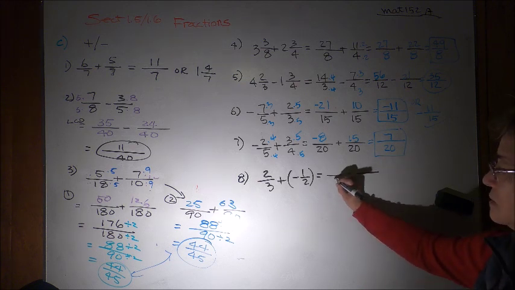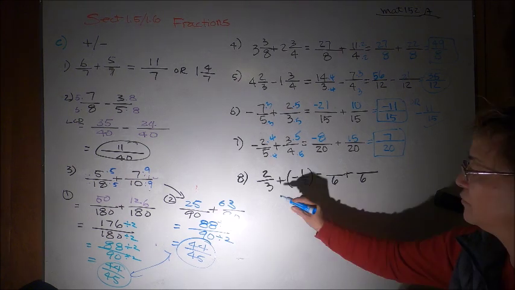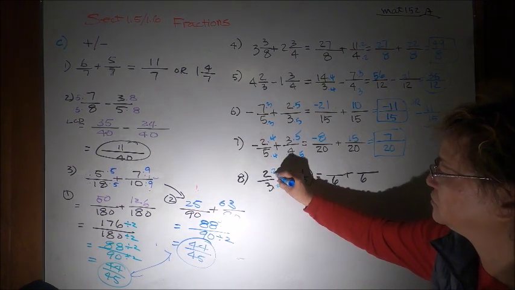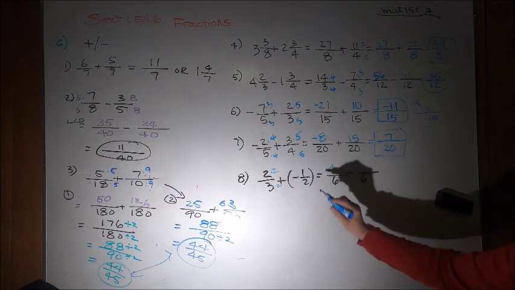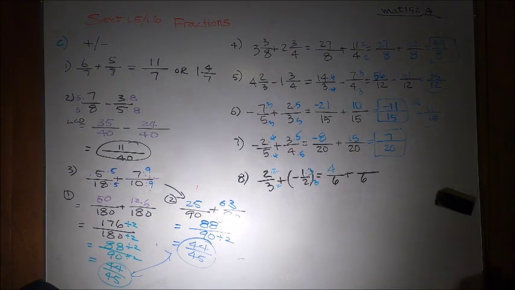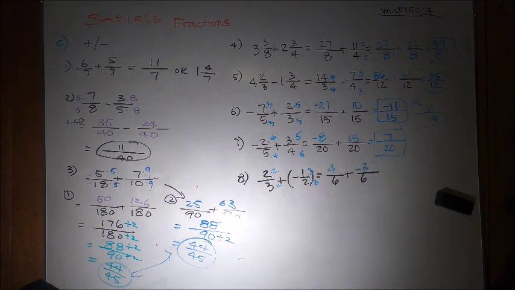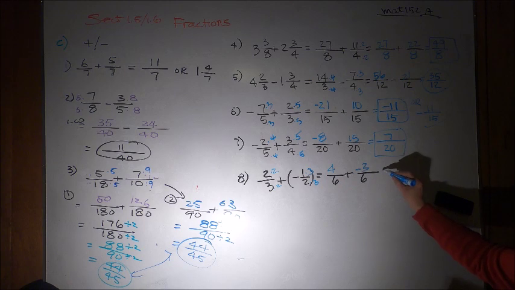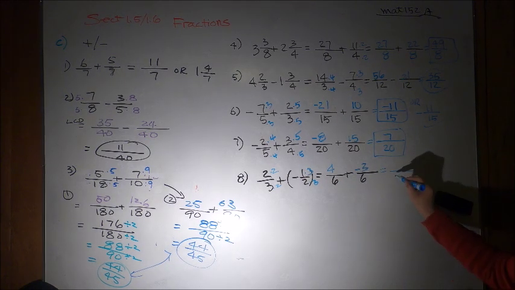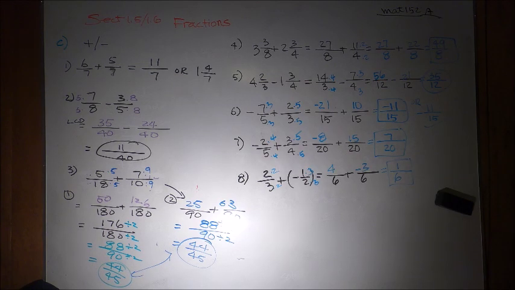So your LCD is what? 6, right? 2/3 becomes 6, times 2, that would be 4. 2 becomes 6, you times 3, right? But you will move the sign to the top. So you can combine the top that way. So keep your denominator, top would be 1/6, right?